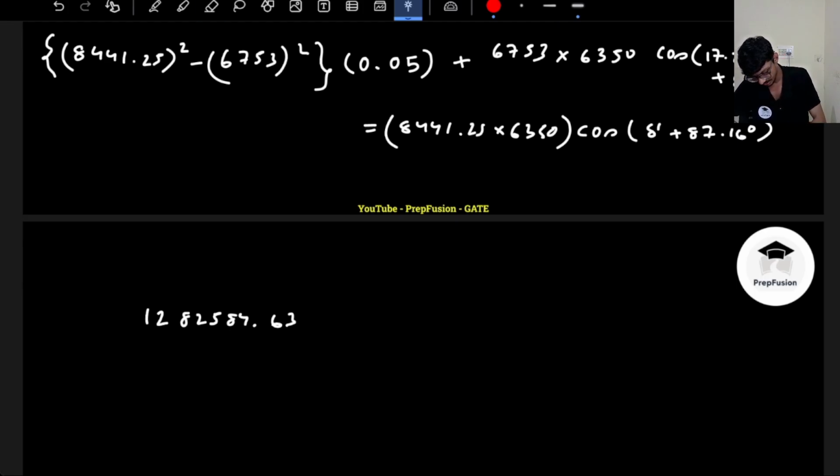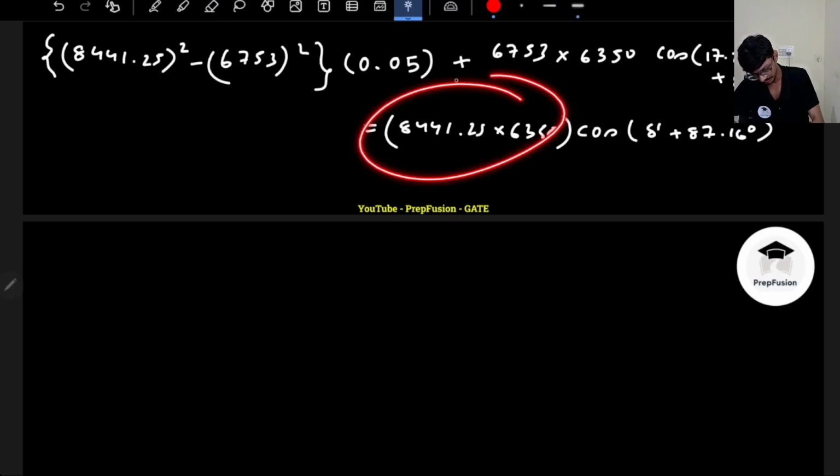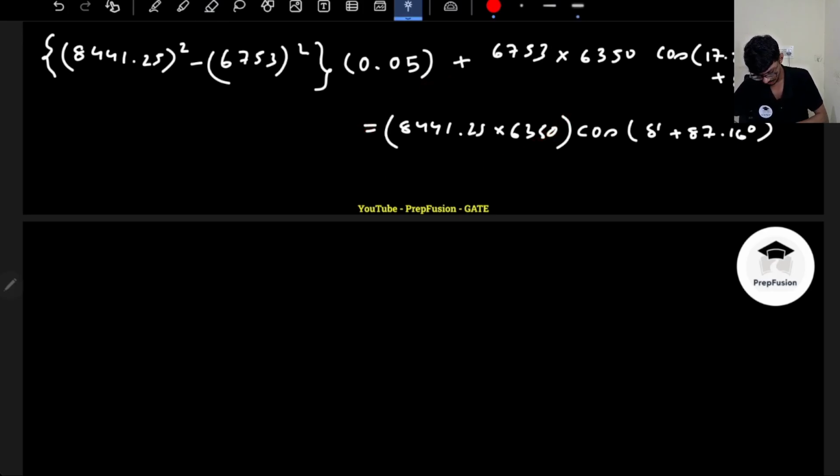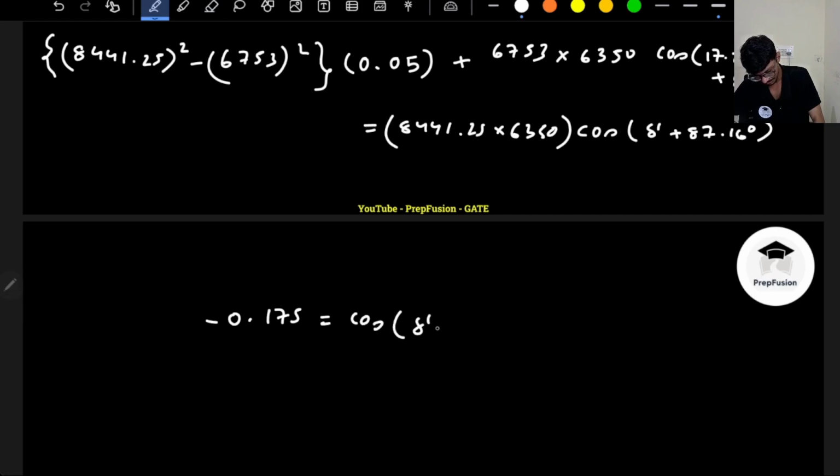Now I have to divide this by these values, right? So it will be divided by 8441.25 into 6350. I'm just doing calculation. So this value is coming out to be minus 1.75 equals to cos of this value, delta dash plus 87.16 degree.